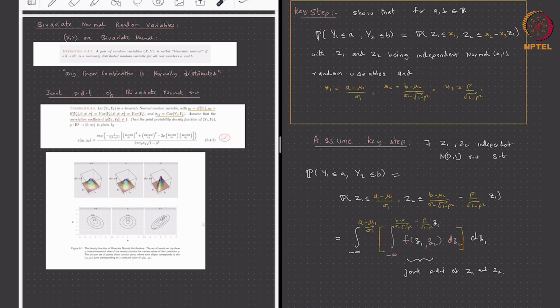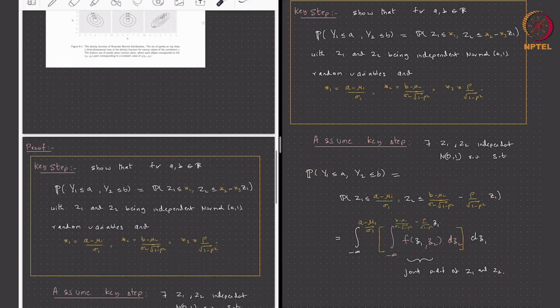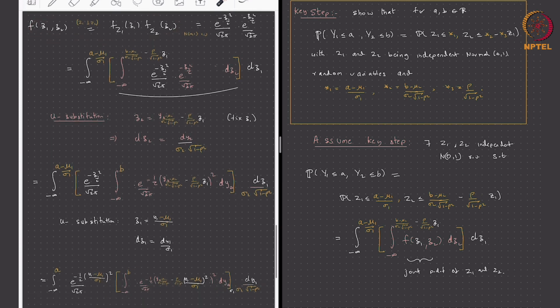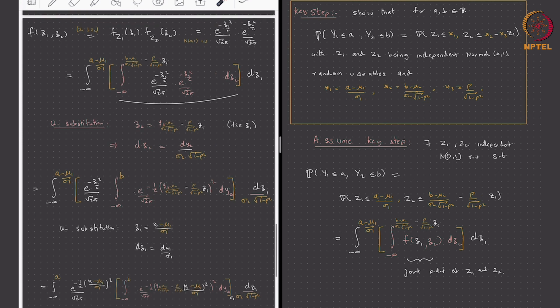Suppose you assume the key step. Then I said, okay, I start from here. I rewrite the joint distribution like this. But then I use the key fact that the joint density is a product of the marginals, right? And once I have that, I'm in good shape.